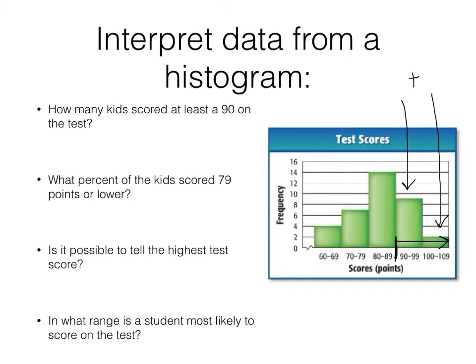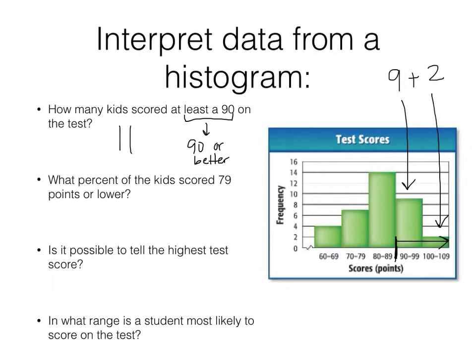Well, in this first category, if we follow it across, halfway between 8 and 10 is 9. And then in this second category, the kids that got bonus questions here, they're right at 2. So that's 11. 11 kids scored a 90 or better. At least a 90, notice, means 90 or better.